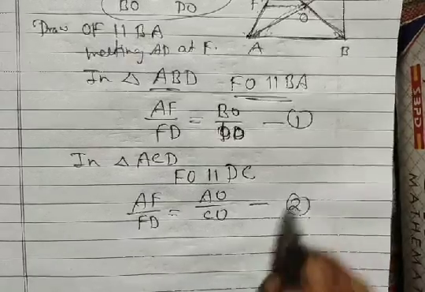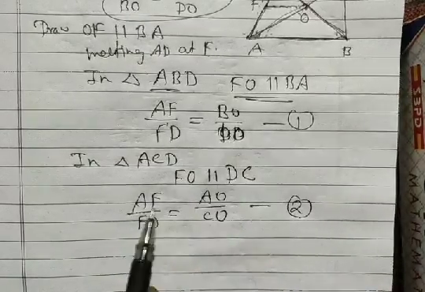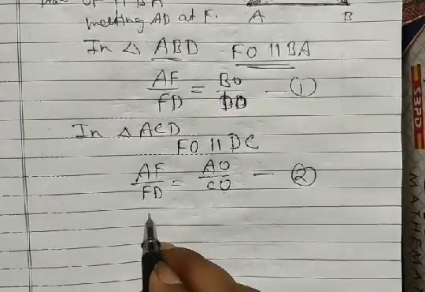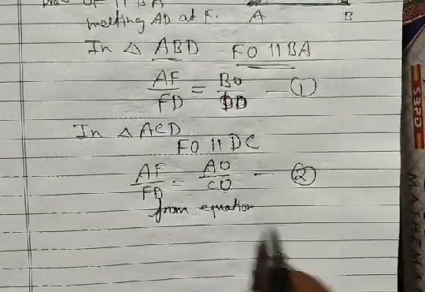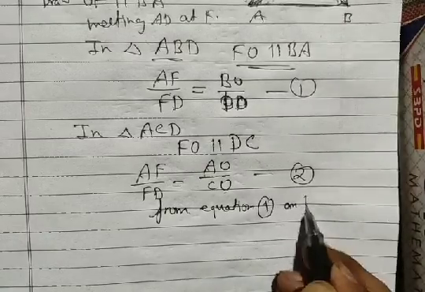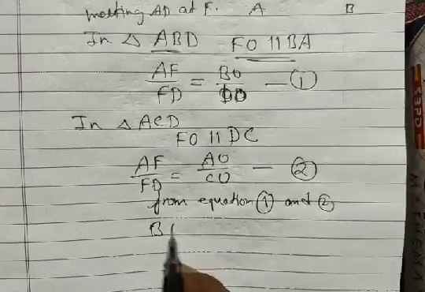Take this as equation 2. Now from 1 and 2, AF by FD equals BO by DO, and AF by FD equals AO by CO. Since the left hand sides are equal, the right hand sides are also equal.